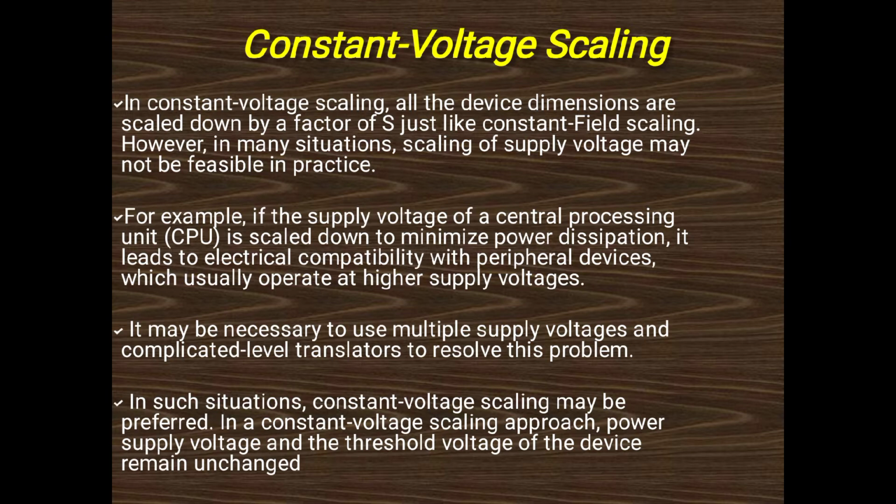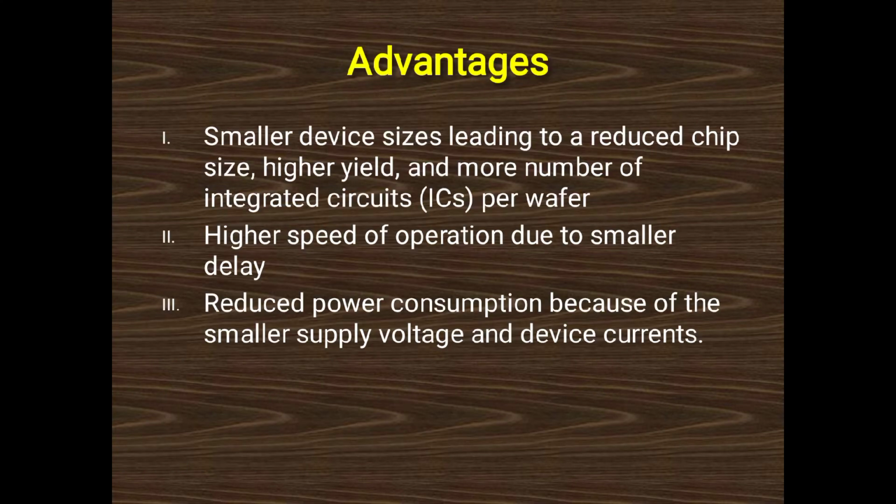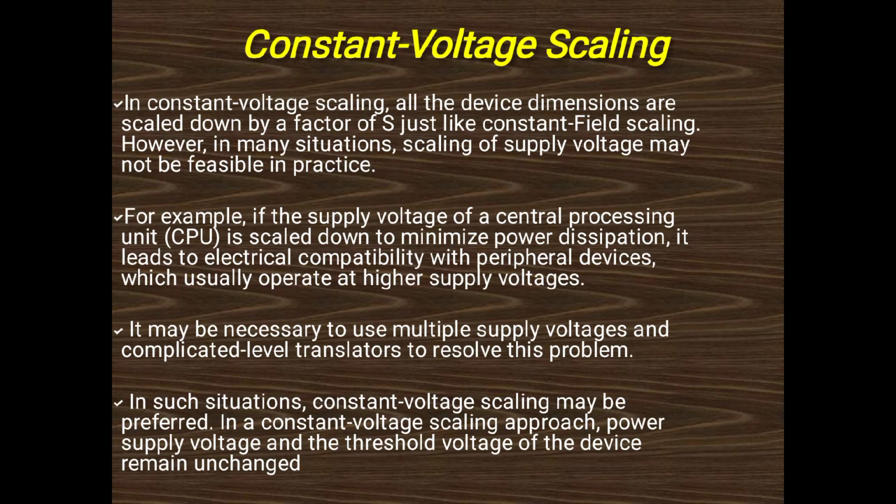In constant voltage scaling, all the device dimensions are scaled down by a factor of s, just like constant field scaling. However, in many situations, scaling of the supply voltage may not be feasible in practice.